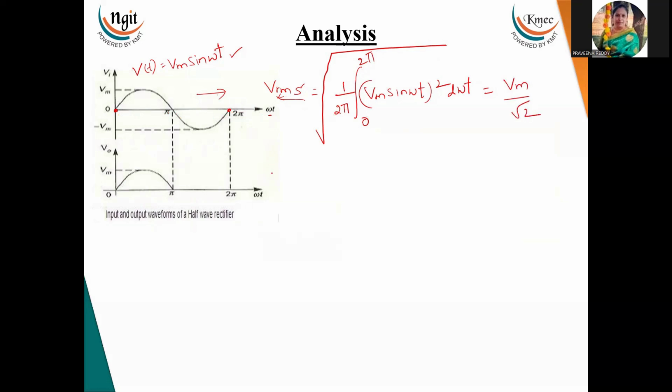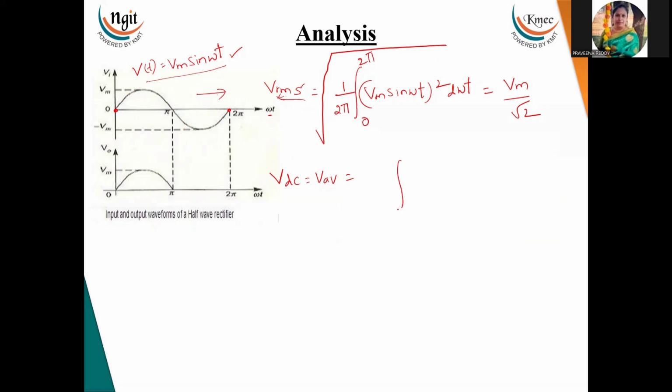Now similarly, we need to calculate the VDC or V average for this waveform. If you see, for VDC or average, as many positive values as there are, that many negative values are there. If you take the average, you will get 0, as we tried to get theoretically. Now, the function for this waveform is Vm sine omega t.